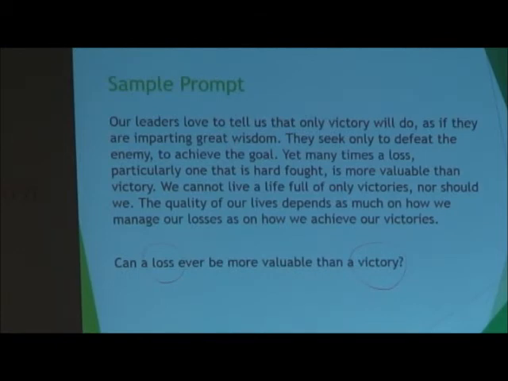Is that more valuable to us? So you do want to actually ask the question, whose loss, right? Whose victory? That is one thing you want to ask yourself. What else?